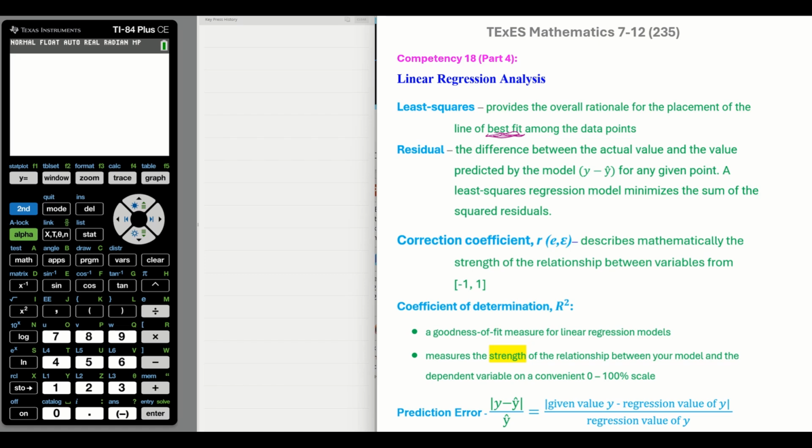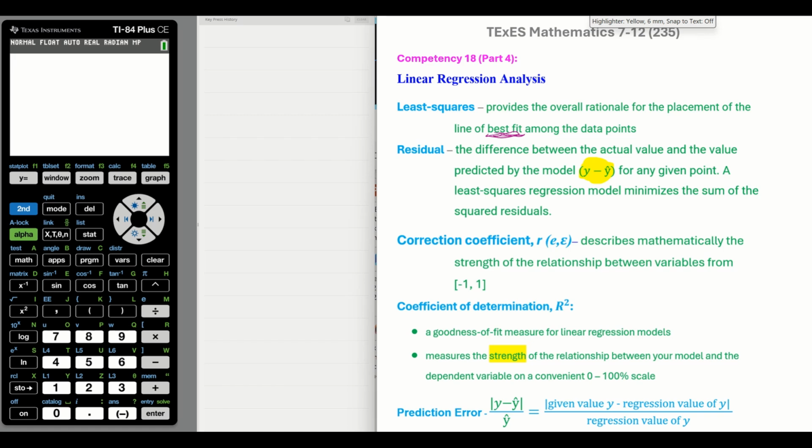Residual. This is the difference between the actual value and the value predicted by the model. So this is what they mean right here. Basically y is the answer to your equation, right?